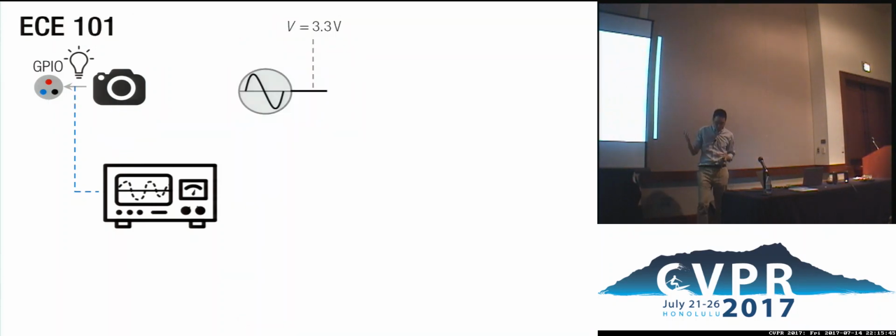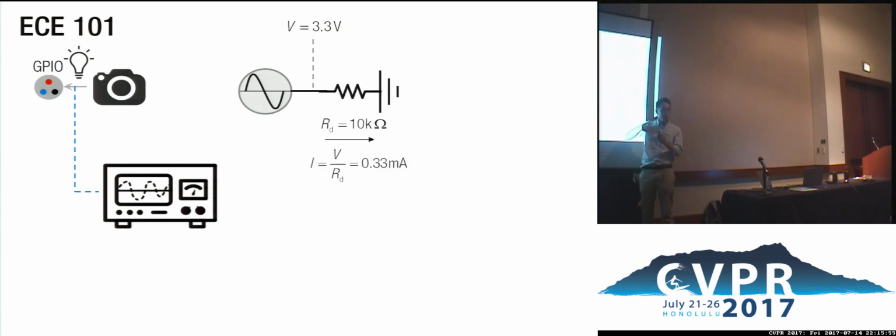Let's go back to high school physics. We have a master camera that generates the electrical pulse of about 3.3 volts. The current is generated by adding a resistor, and note that the current is limited by the capacity of the master camera.